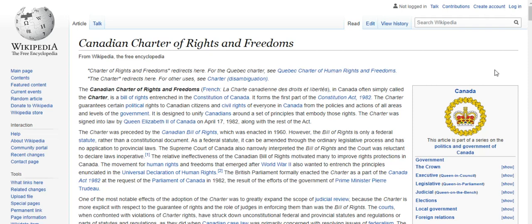The Charter was signed into law by Queen Elizabeth II of Canada on April 17, 1982, along with the rest of the Act. The Charter was preceded by the Canadian Bill of Rights, which was enacted in 1960. However, the Bill of Rights is only a federal statute rather than a constitutional document.